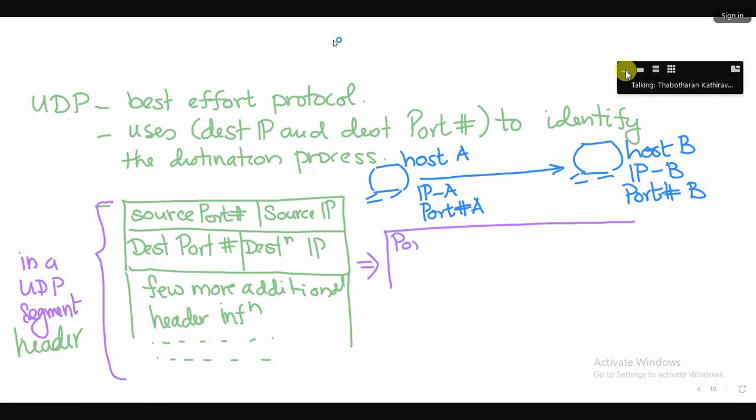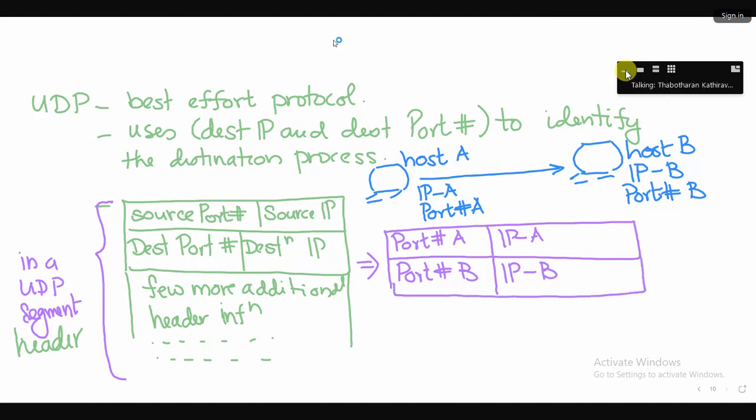Port number A and IP of A as source. And port number B as the destination and IP of B. This is the one. And this is sent.